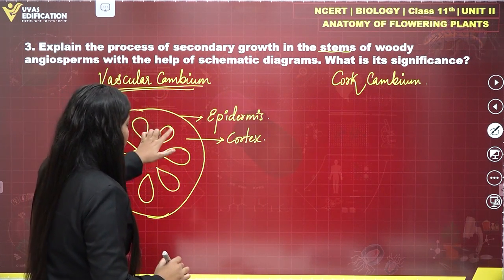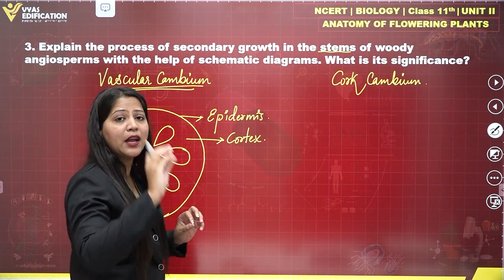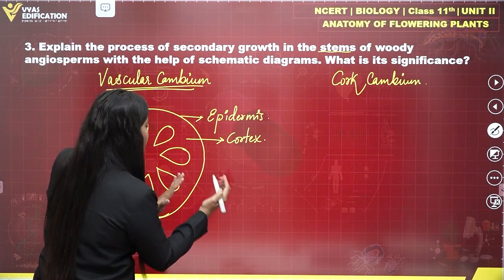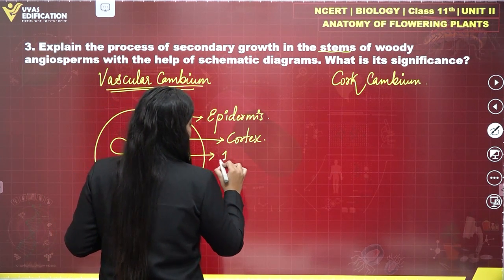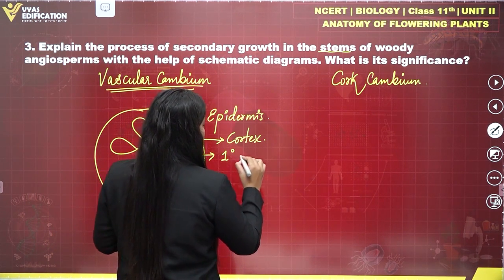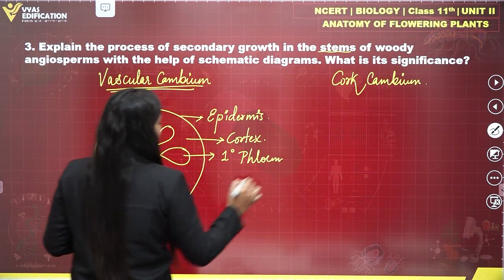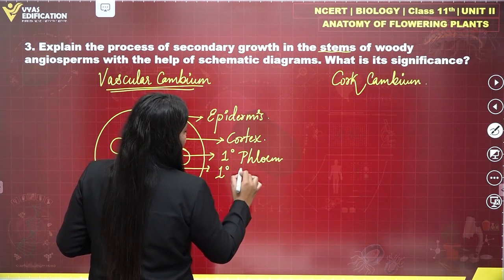Now these are your vascular bundles in which you will find the primary xylem and primary phloem. On the outer region you have primary phloem, I'm writing it like this, primary phloem, and on the inner side you have primary xylem.